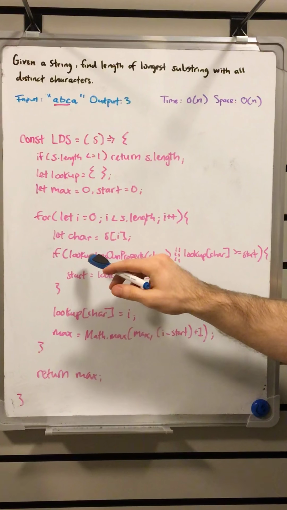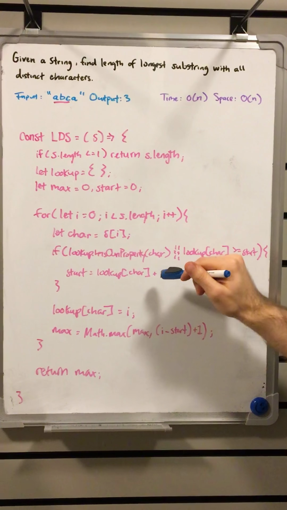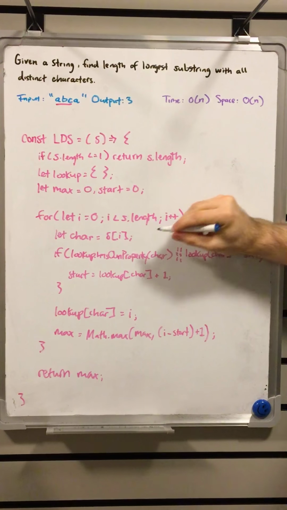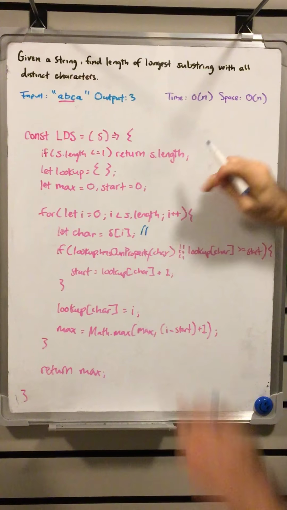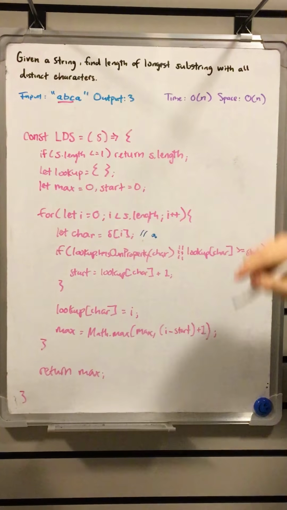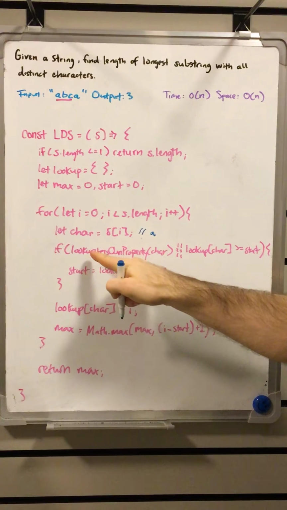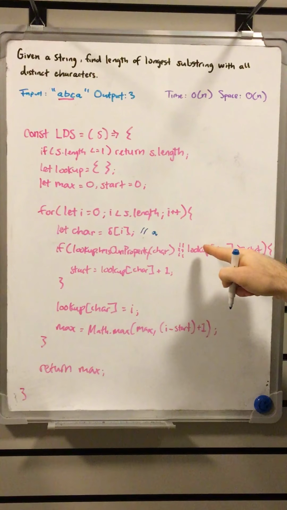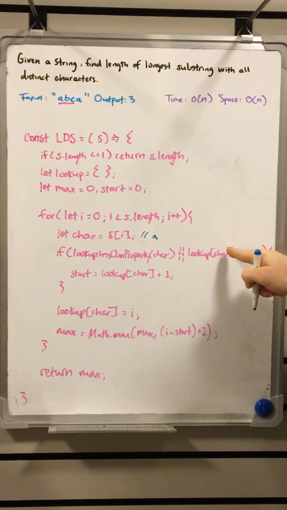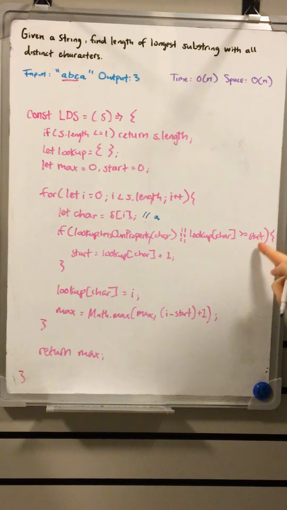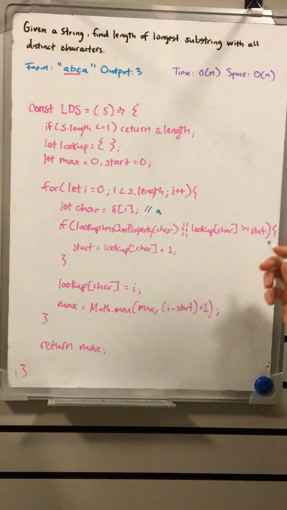We check to see if the current character is inside of our lookup table. The current character, in this case, would be A. Is A inside of the lookup? No. If it was, is its index value greater than or equal to the start? No, it's not there.